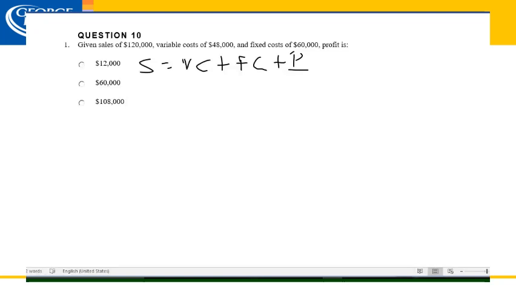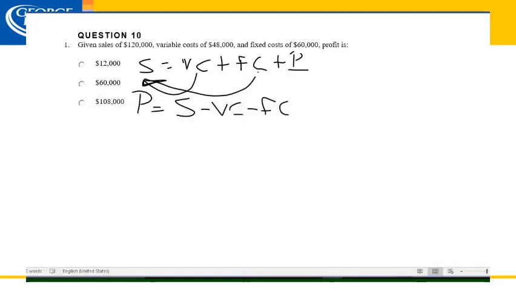But before we do that, let's rearrange this equation so that we can isolate for our profit. And again, what we would do to do that is send our variable costs to this side of the equation and do the same with our fixed costs. And in doing that, they both become negative, so we would subtract them from sales, which results in an equation that looks like profit equals sales minus variable costs minus fixed costs.